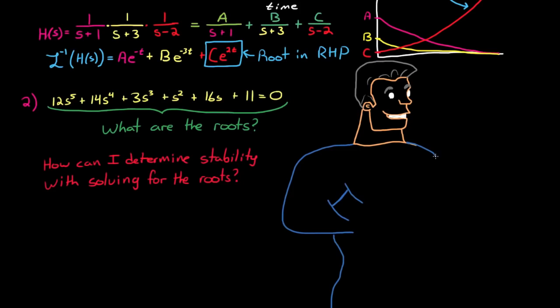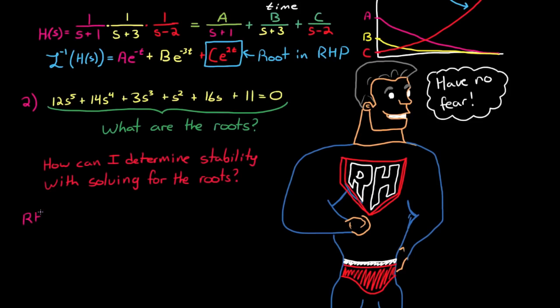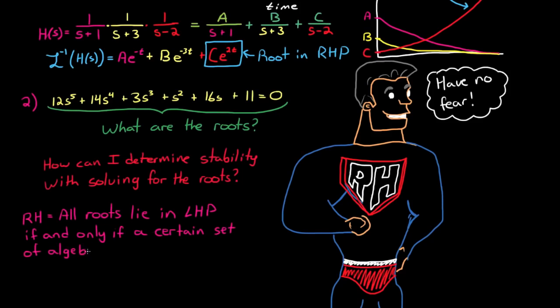Now going through the proof of the Routh-Hurwitz criterion is beyond the scope of this video, but I will cover it in a future lecture if there is enough interest in seeing it. The Routh-Hurwitz criterion states that all roots of a polynomial lie in the left half plane if and only if a certain set of algebraic combinations of its coefficients have the same sign.